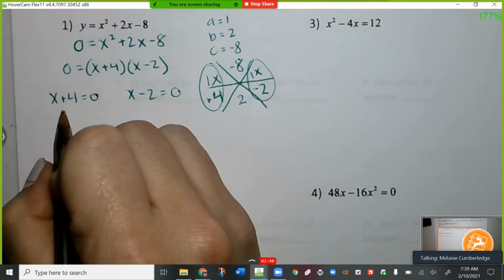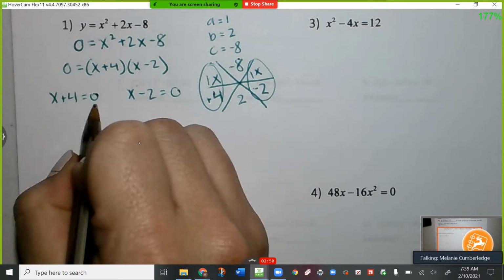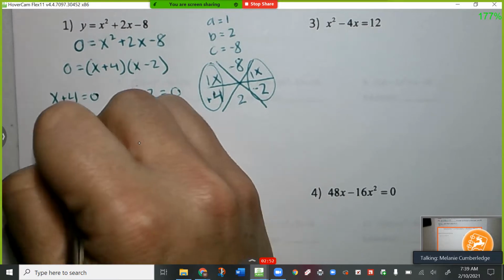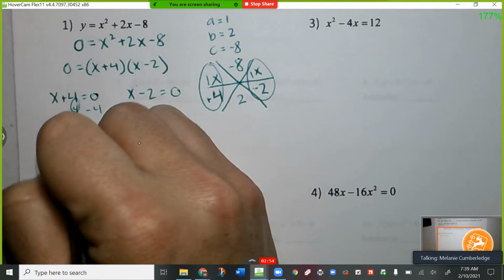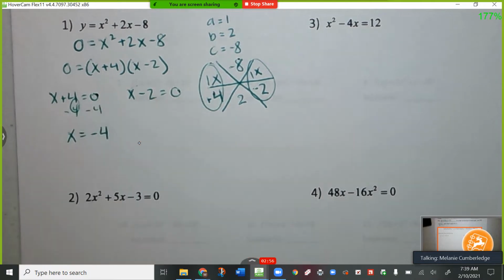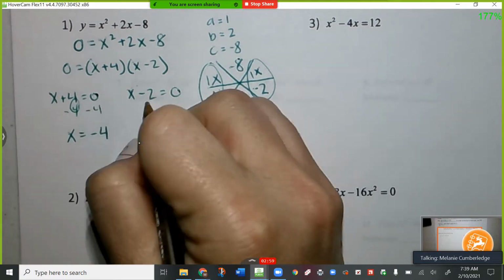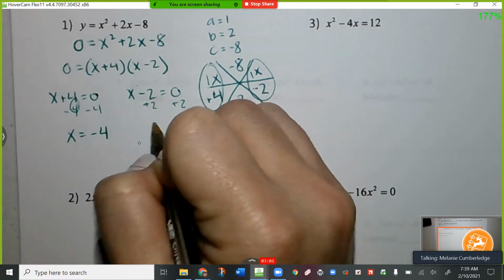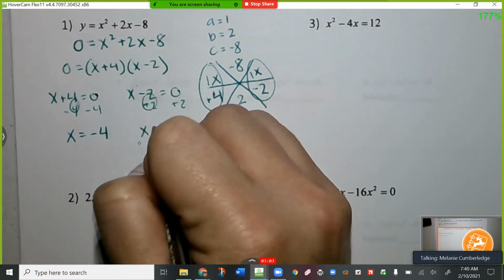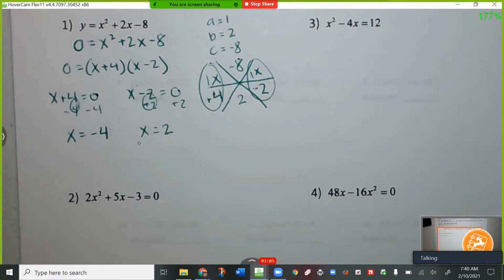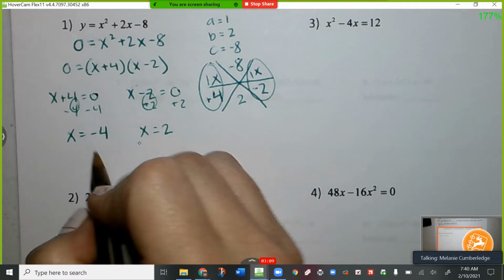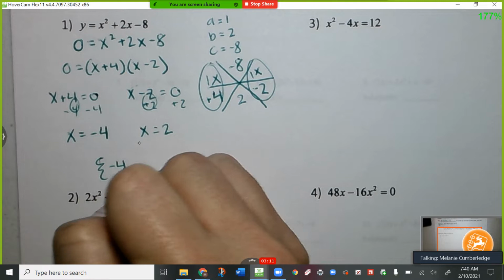Here, how we solve for x: we subtract 4 from both sides, and we get x equals -4. Here we add 2 to both sides, and we get x equals 2. Therefore, our solutions are -4 and 2.